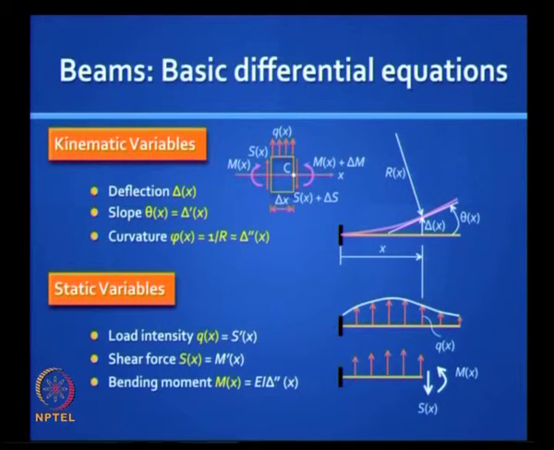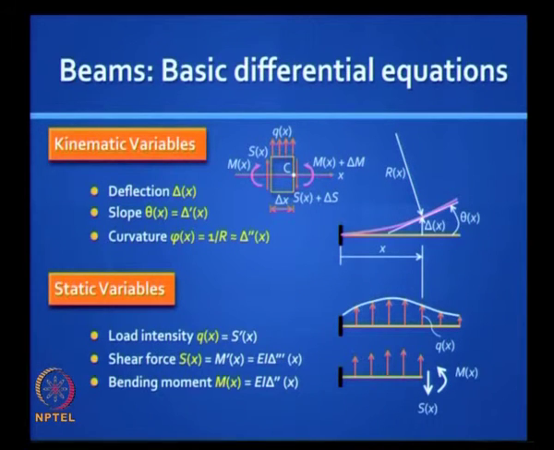So that is the relationship between static variables and kinematic variables, and actually you can express all the static variables in terms of deflection. EI is called the flexural rigidity, it is a product of E, the elastic modulus assuming homogeneous elastic material, and I, the second moment of area, which is an area property.